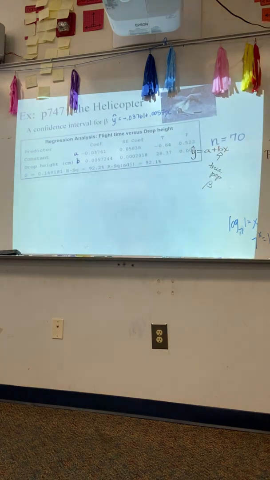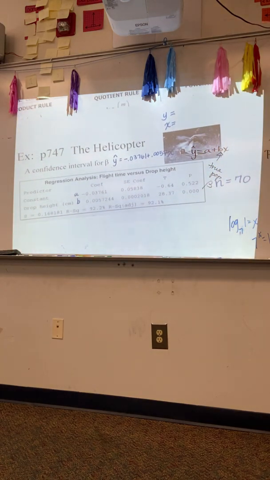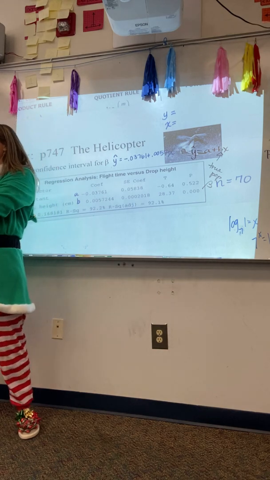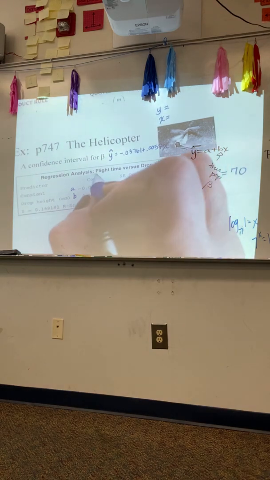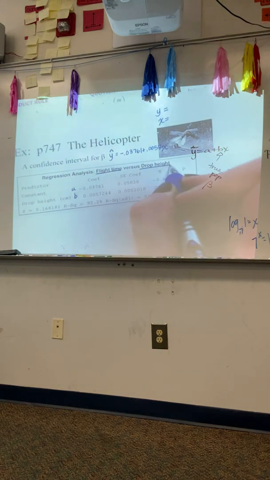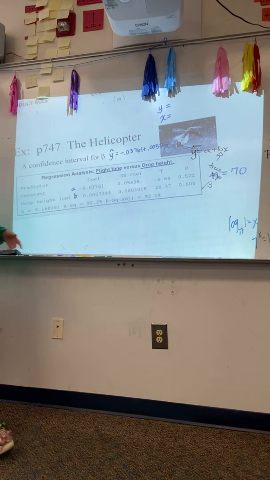Now x, and then we have y. So which one's my explanatory and which one is my dependent? Help me out with that. I have a response and I have an explanatory. Okay, here are my two things, flight time and drop height. Which one is affecting the other?